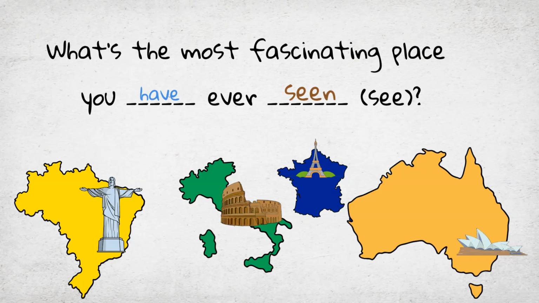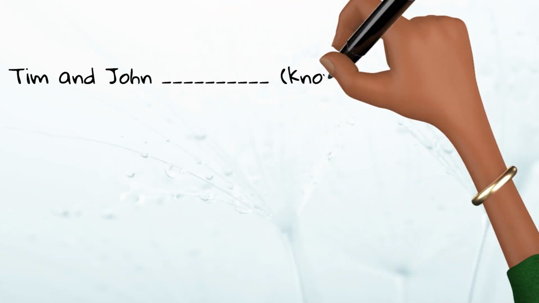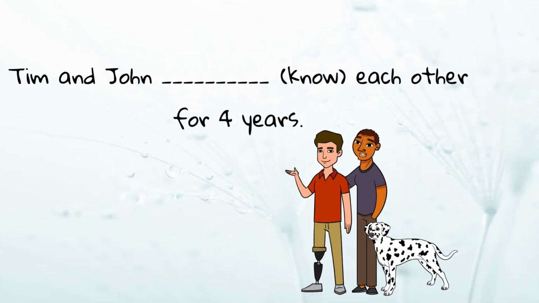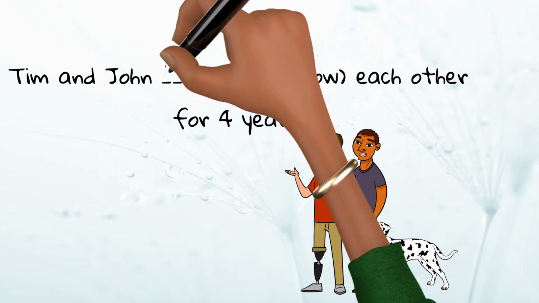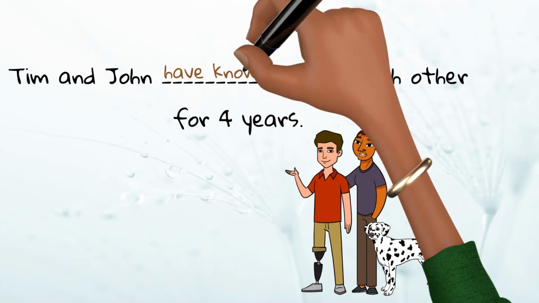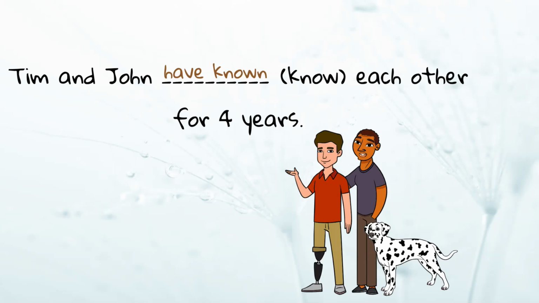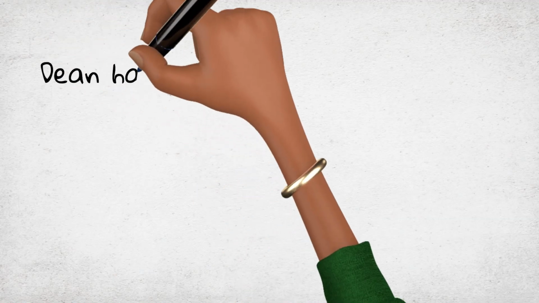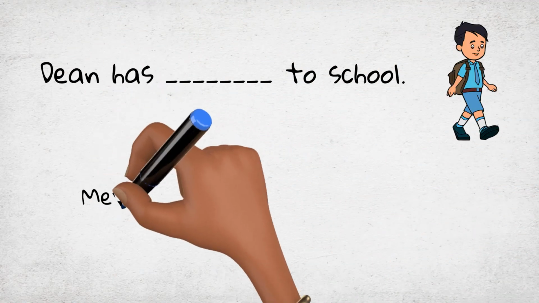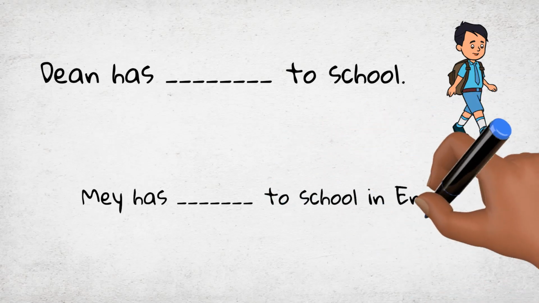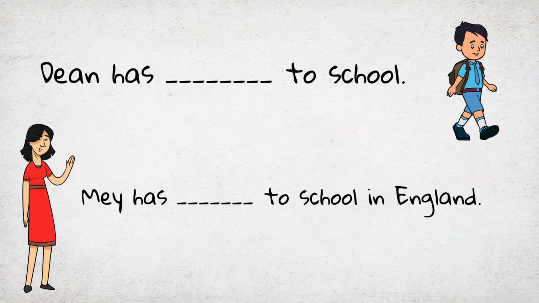Yep. That's it. Tim and John each other for 4 years with know. Tim and John have known each other for 4 years. Correct. And how about those two? Dean has to school with go, and May has to school in England with be.